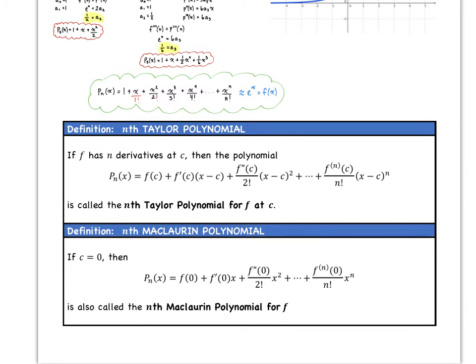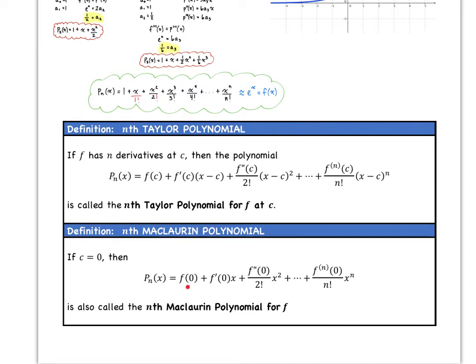There's a special type of Taylor polynomial, and that's called a Maclaurin polynomial. And this is when c equals 0. Okay, so a Maclaurin polynomial is when we're evaluating it when c equals 0. And so it's very similar, but instead of the x minus c's, it's just x, okay, because c is 0, or x squared, or x to the nth.